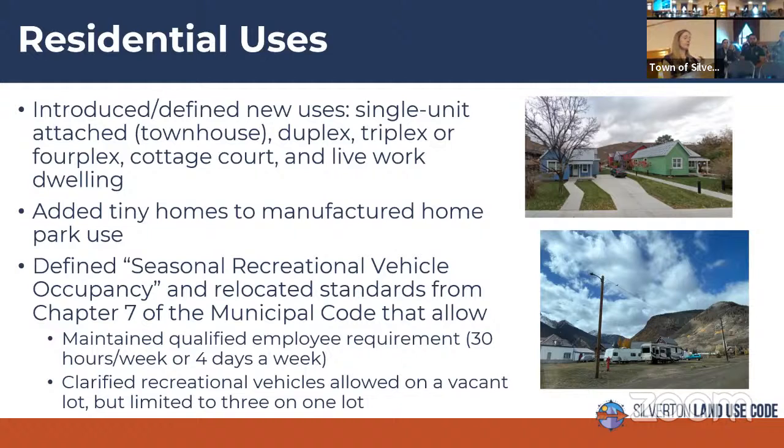The draft also defines specifically the seasonal recreational vehicle occupancy. And so those are standards that currently exist in the municipal code that we're relocating into the land use code that allow for temporary occupancy of recreational vehicles between May and October.